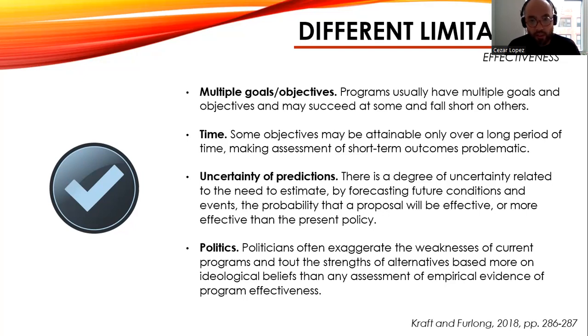Uncertainty of predictions: there's a degree of uncertainty related to the need to estimate, by forecasting future conditions and events, the probability that a proposal will be effective or more effective than the present policy. Politics: politicians often exaggerate the weakness of current programs and tout the strength of alternatives based more on ideological beliefs than an assessment of empirical evidence of program effectiveness.